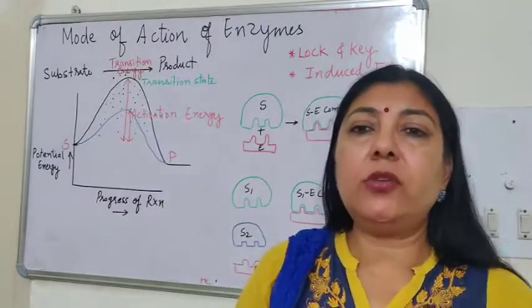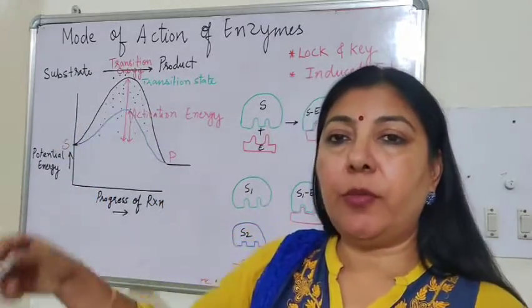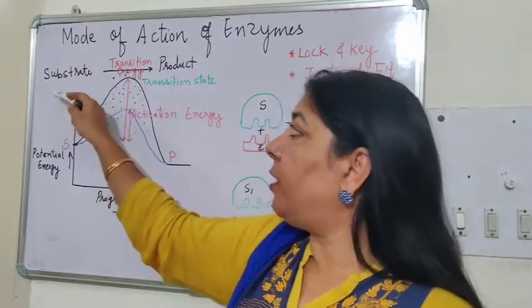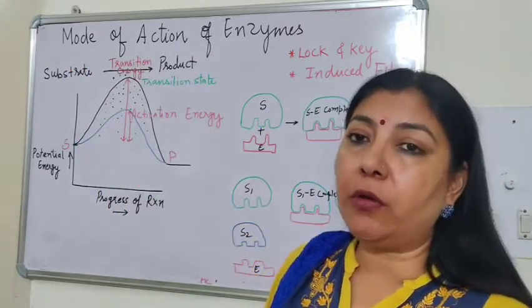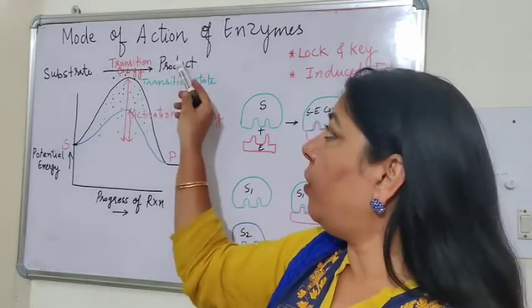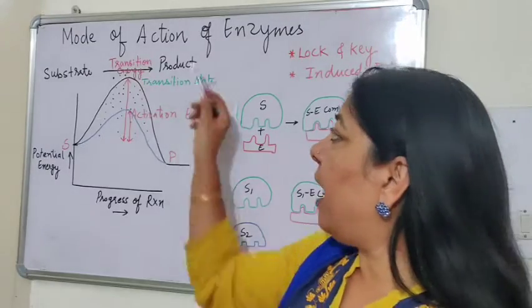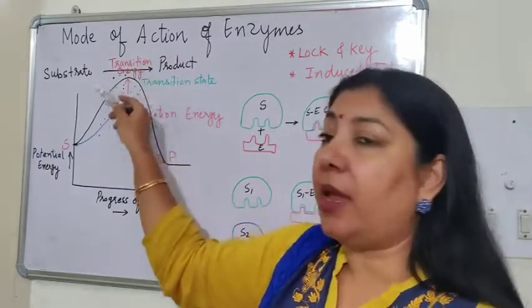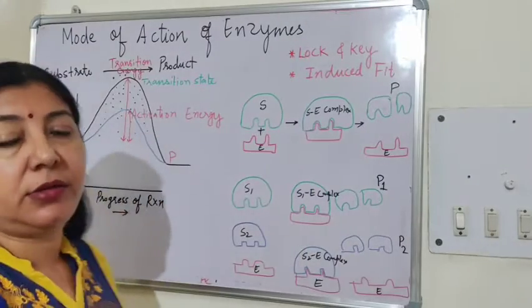For any reaction to take place, there are one or many substrates. These substrates have to undergo a transition state before becoming the product. That transition energy is called the activation energy.